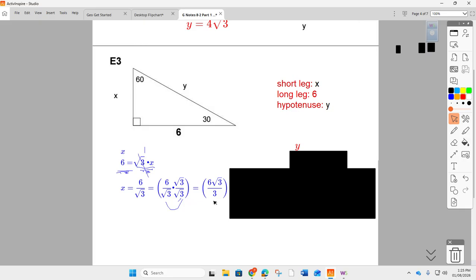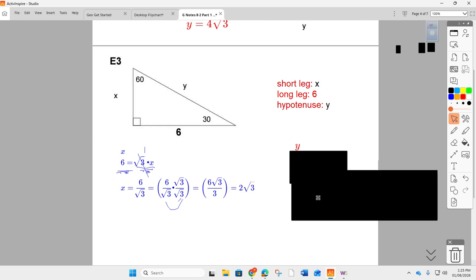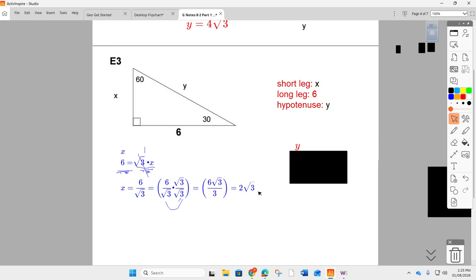And sadly, we are not done, but it's not hard from this point. We all know that 6 and 3 have a factor of 3 in common, right? So 3 comes out of that denominator 1 time, 3 comes out of that numerator 2 times. Just remember, the square root of 3 and 3 are not the same thing. They do not cancel, right? So our final answer here is 2 square root of 3. That is how long the short side is.